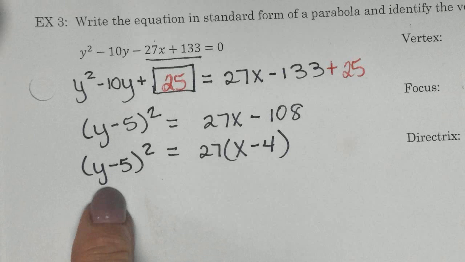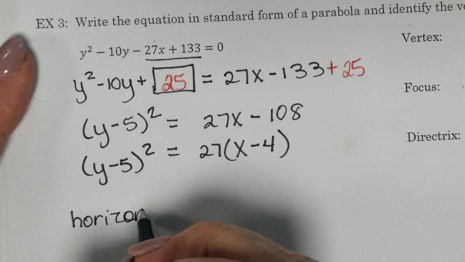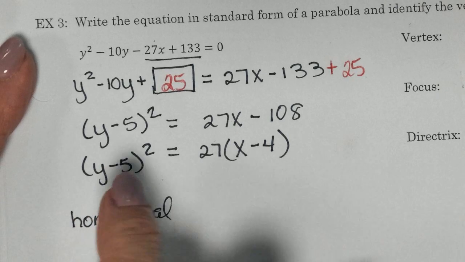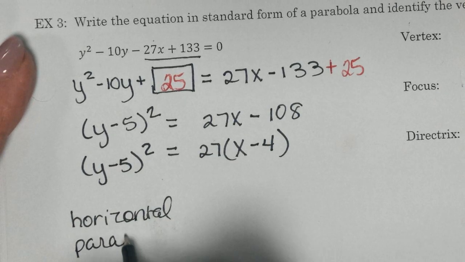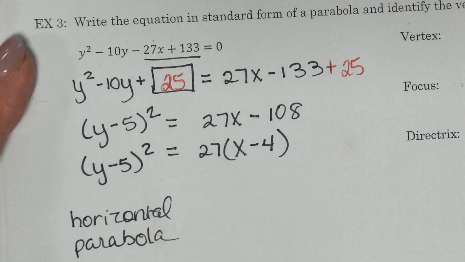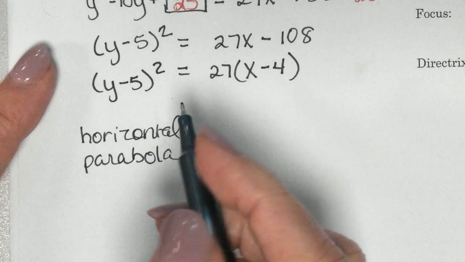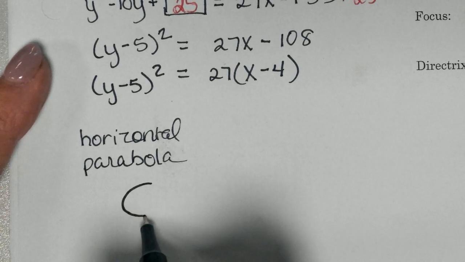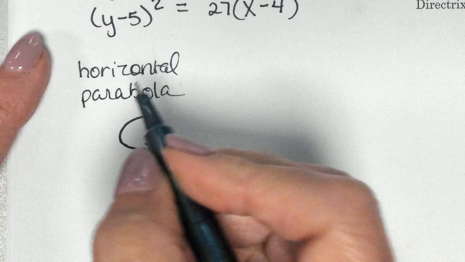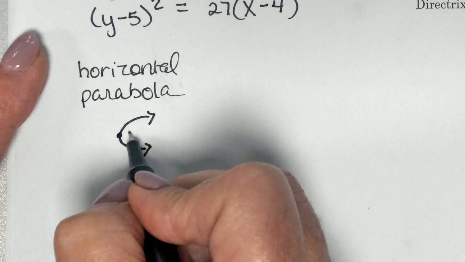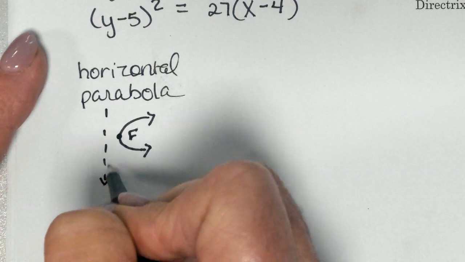You can see that this is a horizontal parabola. Again, because y is squared. Now, which way does it open, left or right? Right, because it's positive. So it's going to open up this direction. Now, here's my vertex, here's my focus, here's my directrix.